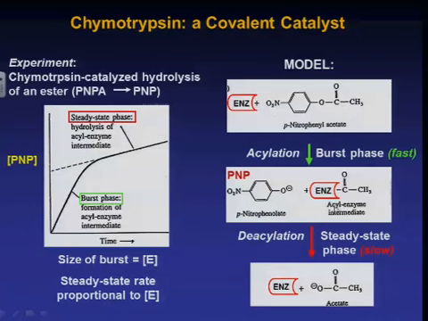So here we have an acyl enzyme intermediate, right? This acyl group hooked up covalently to the enzyme, but what is the product? The product is this. So during that very first step, which is very fast, immediately you're spitting out product.